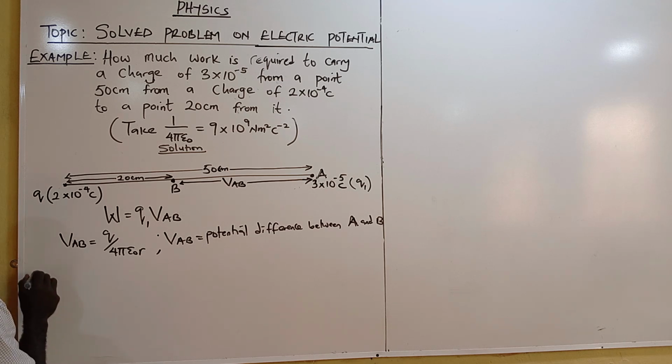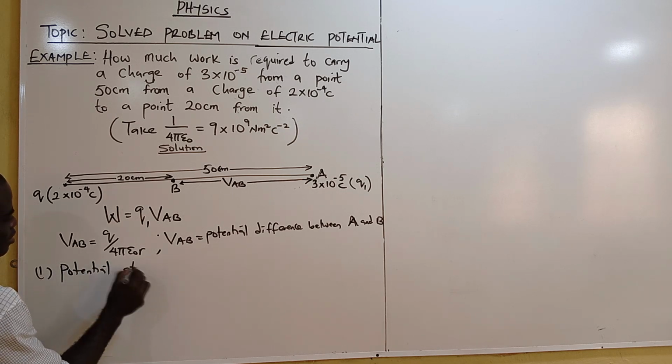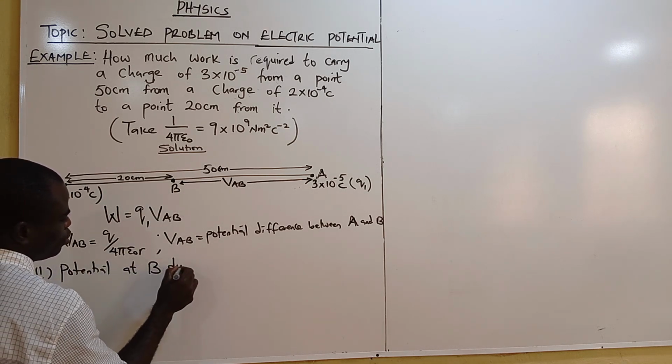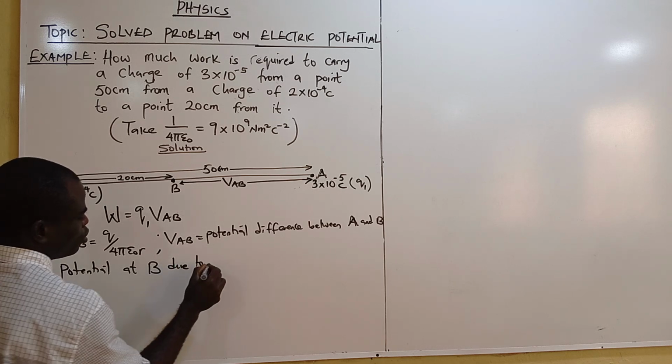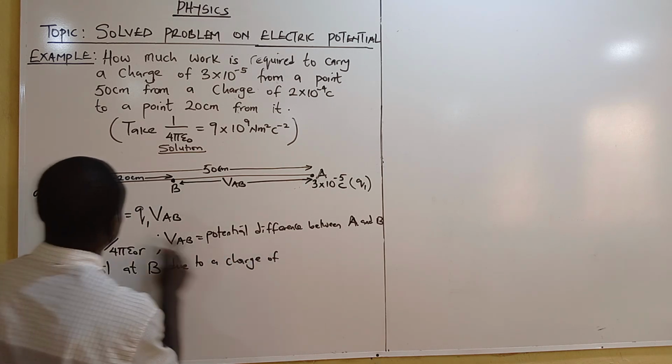Now let's analyze the question. First one, potential at B due to a charge of this.